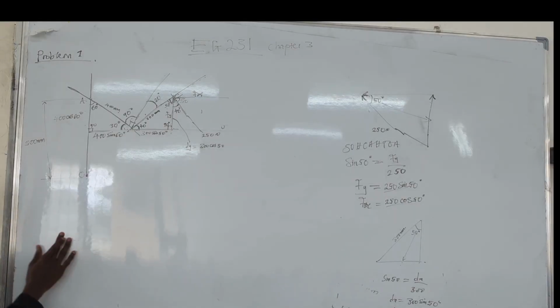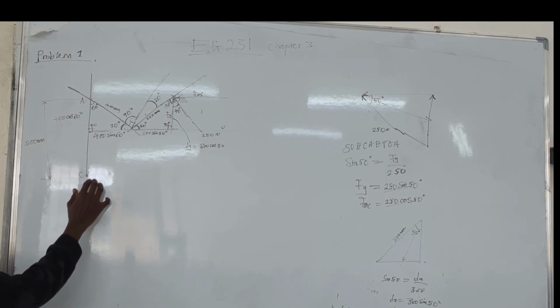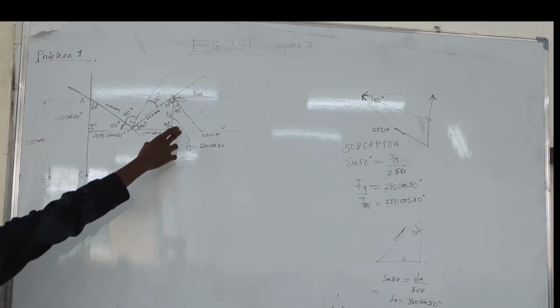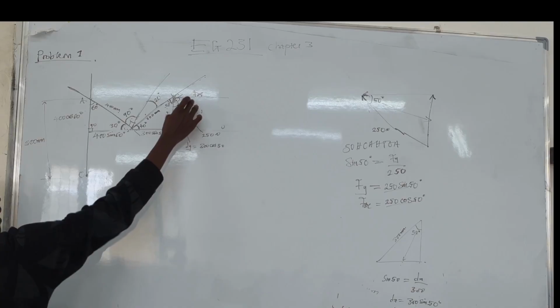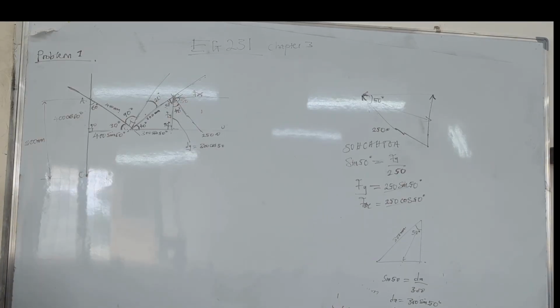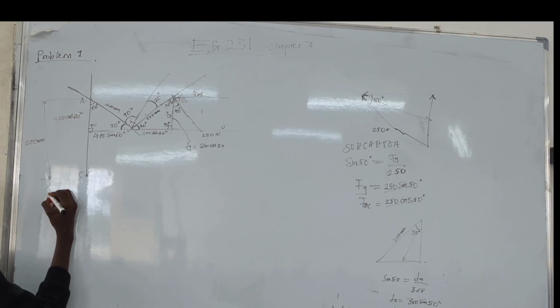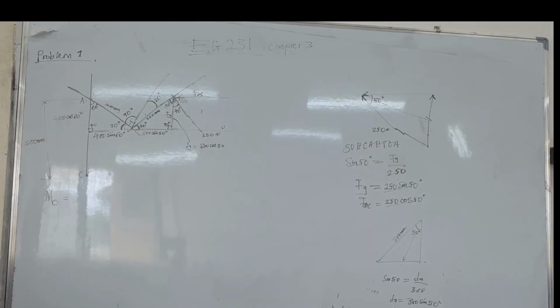So we can now find the moments of this component of the force in the y and the force in the x about point O. The moment of the force about point O is the product of force and perpendicular distance.